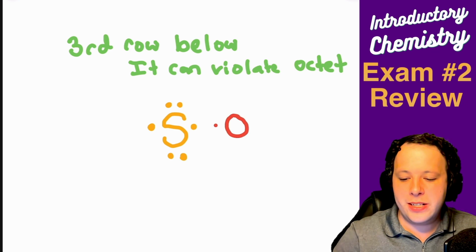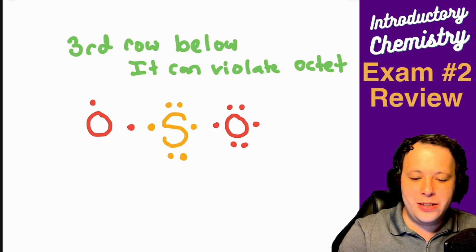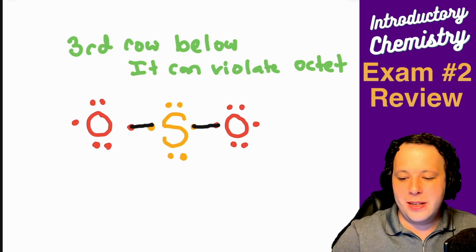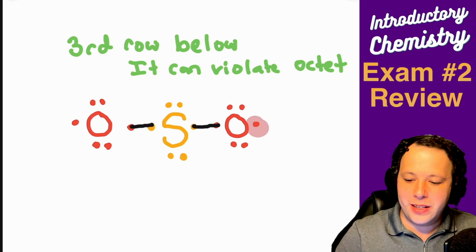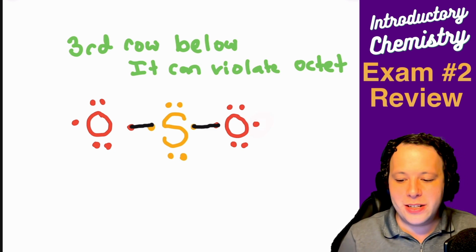So if we put in oxygen, the big thing is you can see that it won't be happy just with doing a single bond. It's going to have a lonely electron that connects to nothing on the back side of it. So we have this electron that's near nothing. What are we going to do with it?